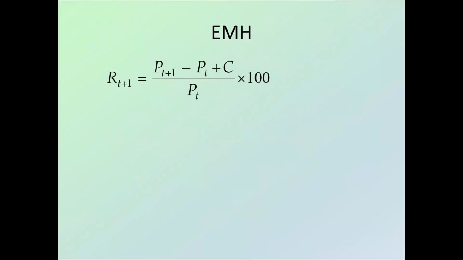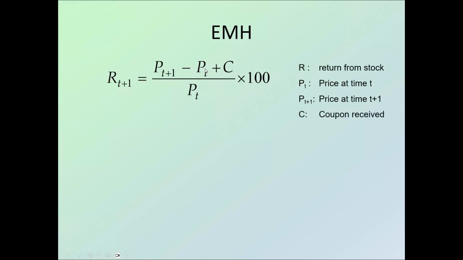According to the efficient market hypothesis, we'll define return at time t plus 1 as the price at that time minus the price at the previous time period plus any coupon that was received divided by the price at the previous time period times 100.